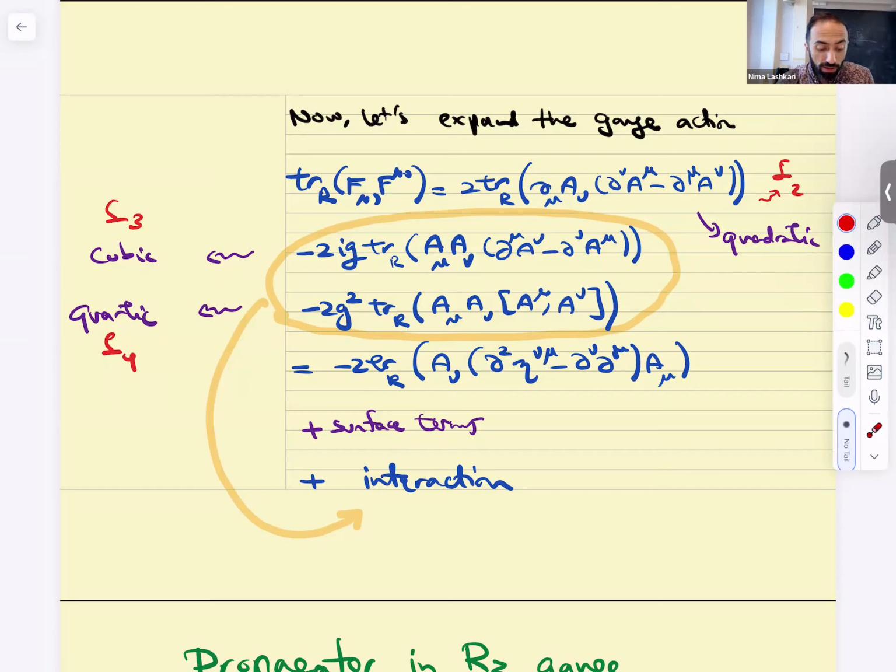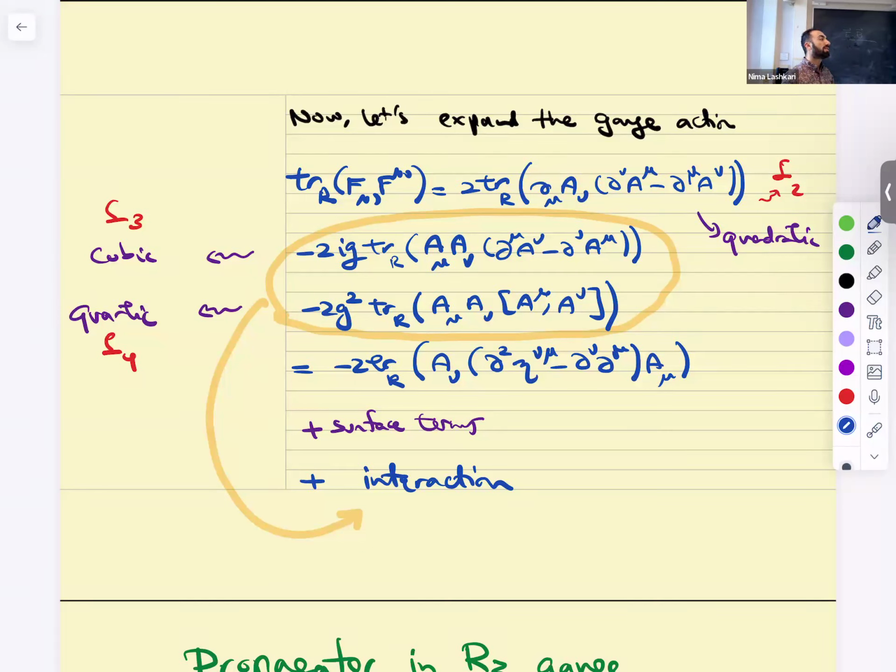Good. There will be several terms. We're going to call these interactions and come back to them. Till now, we have not specialized the particular gauge group, like SU(2) for example, or SU(N). So far, just have in mind SU(N). It won't matter.